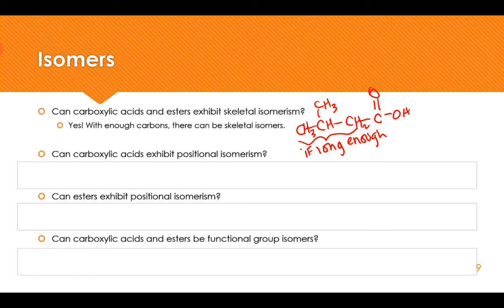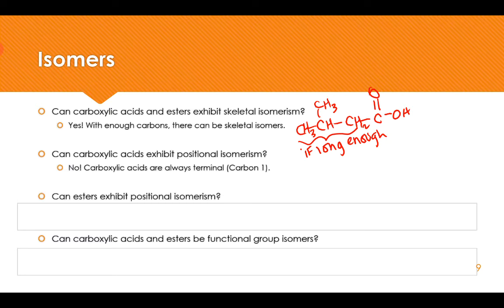Can carboxylic acids exhibit positional isomerism? No, because carboxylic acids are always terminal. And so that carboxylic acid can never be in a different position on your molecule. It always has to be carbon number 1.